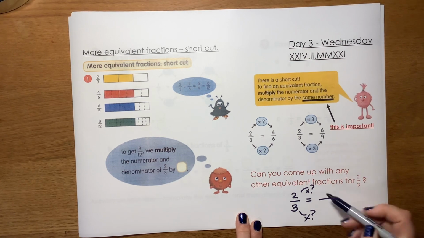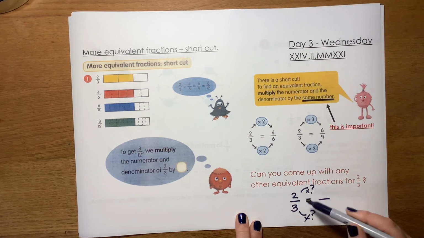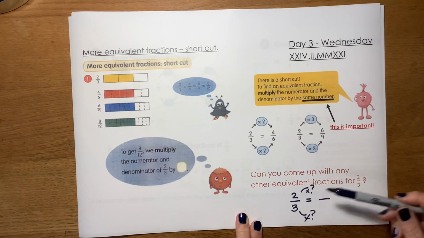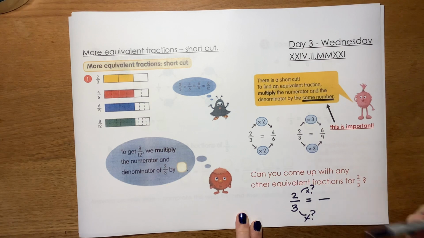Try it. You might try it with 4 or 6. You might try it with 12 or 20. As long as you multiply the numerator and the denominator by the same number, that will give you an equivalent fraction. So let's try multiplying it by 20.